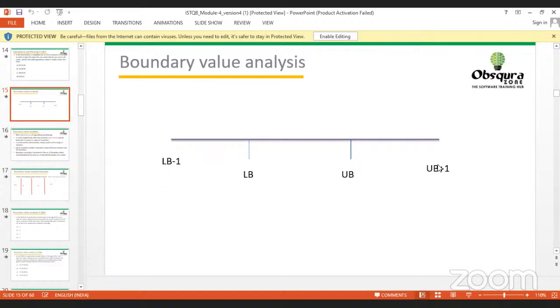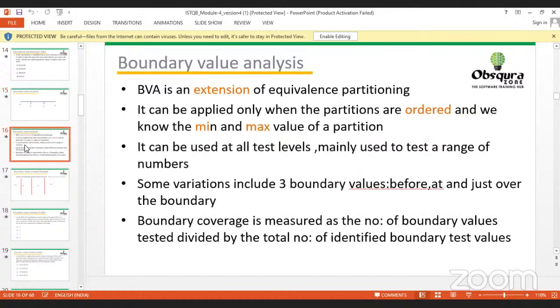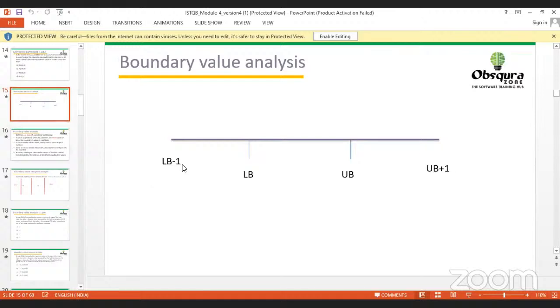So these are the 4 values that we consider normally in boundary value analysis, and it is an extension of the equivalence partition. The main thing we have to understand here is, if we are given the maximum and minimum values only, we can apply boundary value analysis. So the maximum and minimum values should be given to us. Then only we can calculate the lower bound minus 1 and upper bound plus 1.